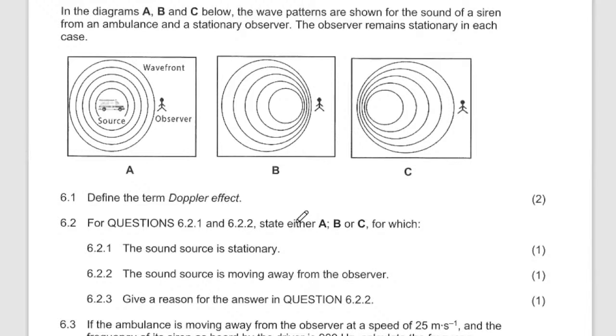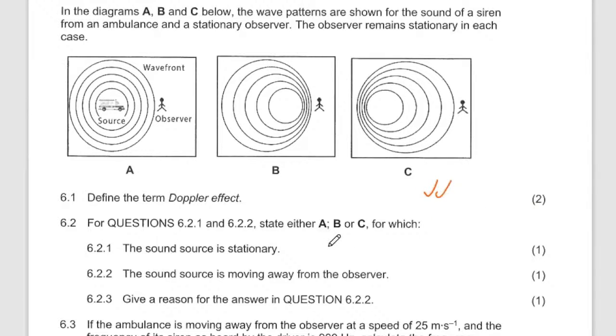Alternatively, we could put it as the apparent change in the frequency or pitch of sound as detected by the listener because of the sound and the listener having different velocities. Okay, so that is done.